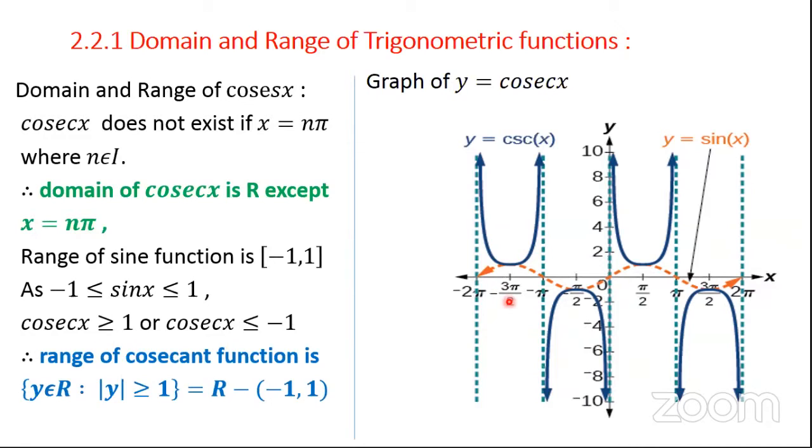Now see again, like the sine function, one more important point for cosec x. If we go for 0 to 2 pi, one pattern we are getting: one graph on the positive side of the x-axis, and another graph of cosec x below the x-axis. The same pattern we get if we go to the negative side of the x-axis.